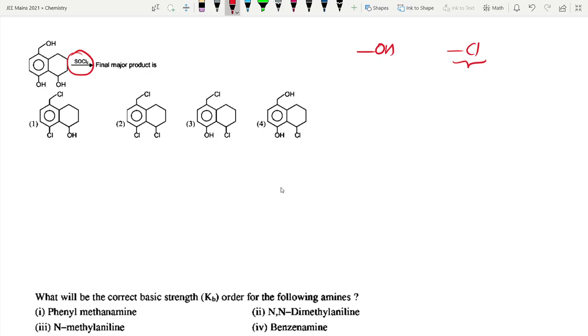Some textbooks say something, some textbooks say something else, but this is an SNi kind of mechanism, internal exchange, which is very interesting. Maybe I'll post a video about it very soon.